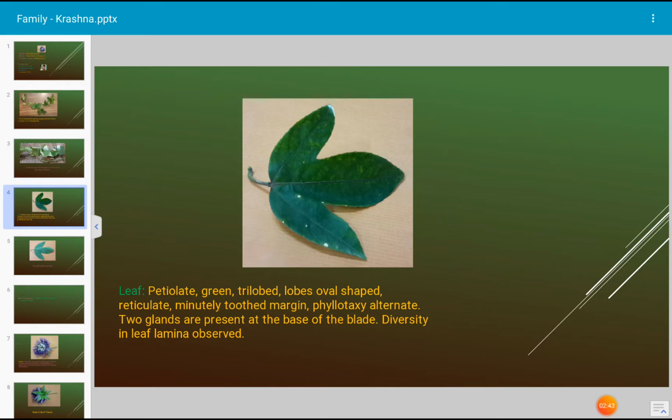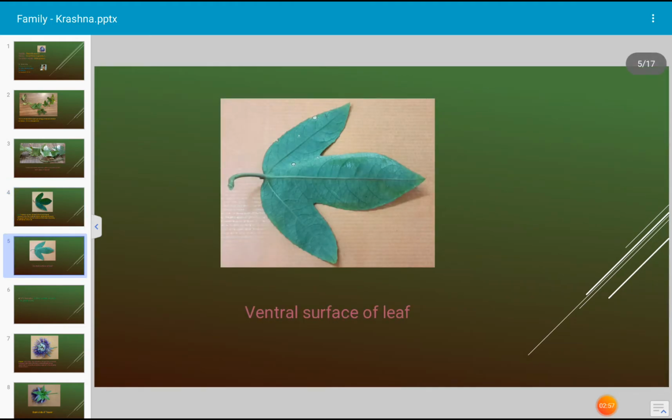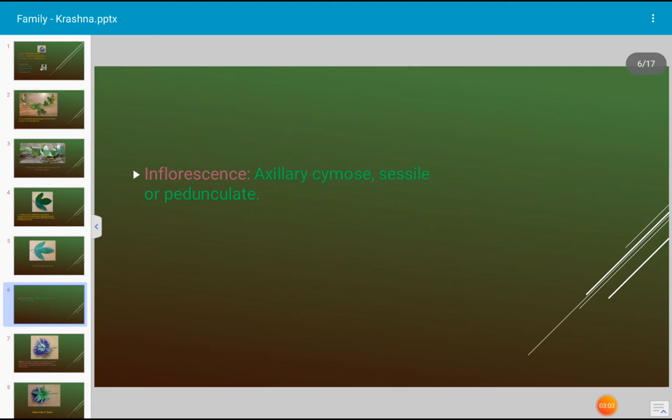Diversity in leaf lamina has been reported. Diversity of leaf means the plant produces two types of leaves. Okay, next. This is the ventral surface of the leaf. Lobed leaf. Next. How is the inflorescence?